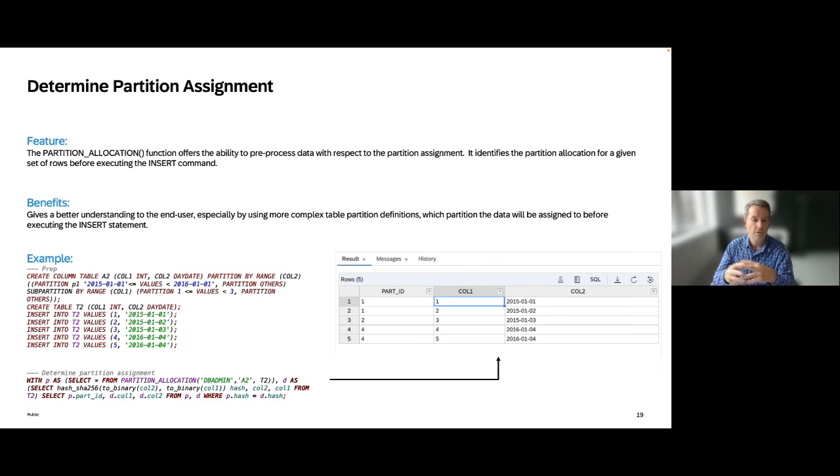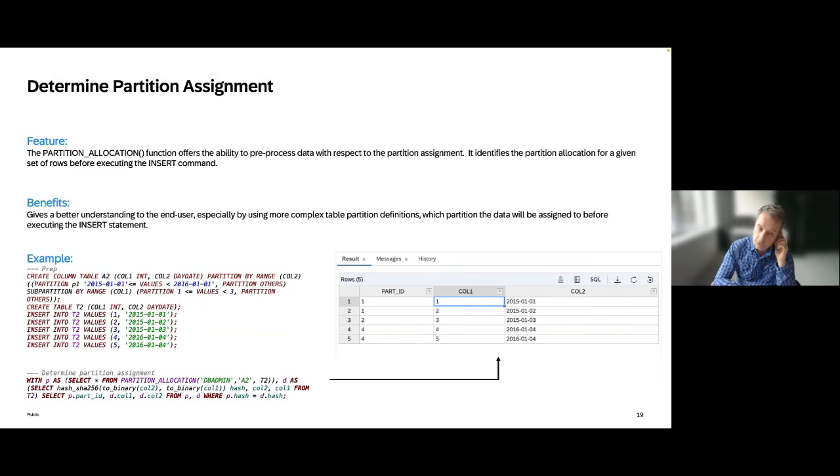So what you can do is, you have partitioned a table, and you want to check how the assignment of a data set looks with the new partitioning scheme, because you want to verify your new partition scheme and avoid any mistakes, especially for very complex table partition definitions. So you can use this function, the partition allocation function, after you have partitioned a table.